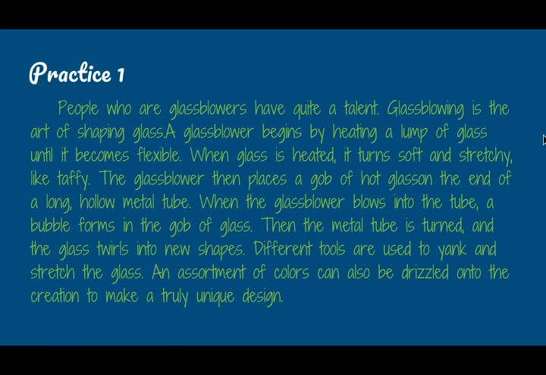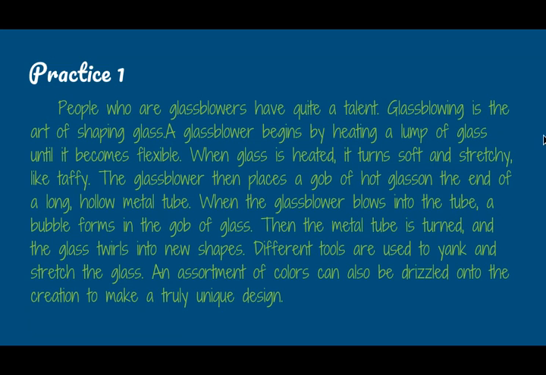When the glass blower blows into the tube, a bubble forms in the gob of glass. Then the metal tube is turned and the glass twirls into new shapes. Different tools are used to yank and stretch the glass. An assortment of colors can also be drizzled onto the creation to make a truly unique design.